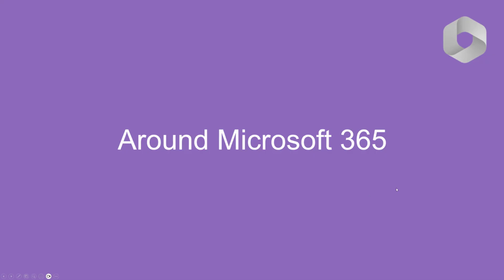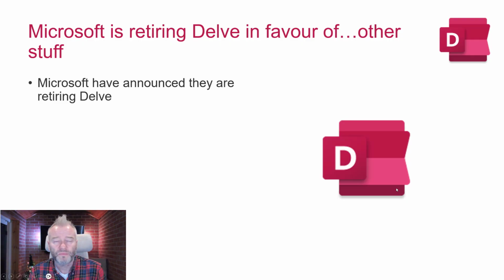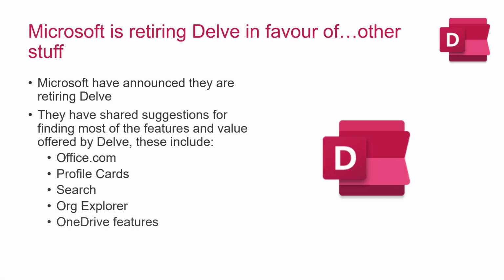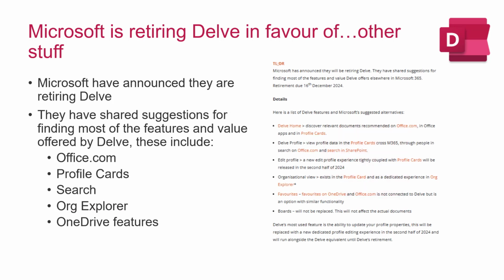Okay, so almost there, folks. Microsoft is retiring Delve in favour of, well, other stuff. So let's see what we've got. They've made suggestions that when Delve retires, you use Office.com, Profile Cards, Search, Org Explorer if you have it, some OneDrive features.